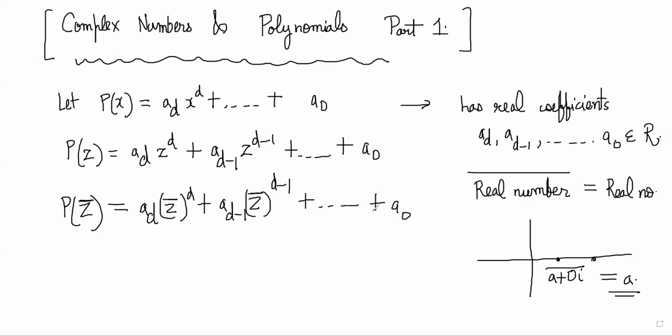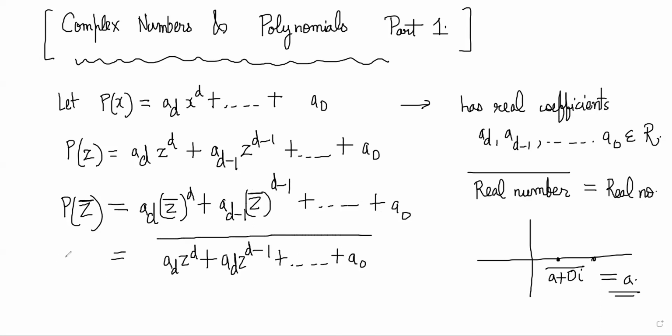This can be combined and written as a whole conjugate. That is one of the properties of conjugates. So p of z conjugate is p of z whole conjugate.